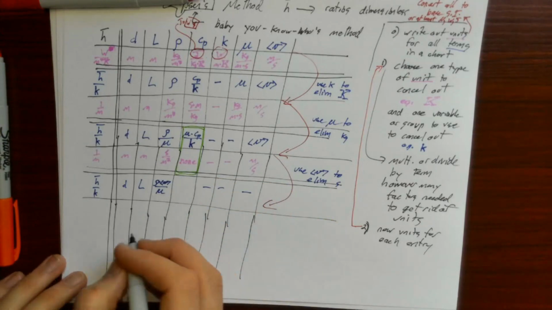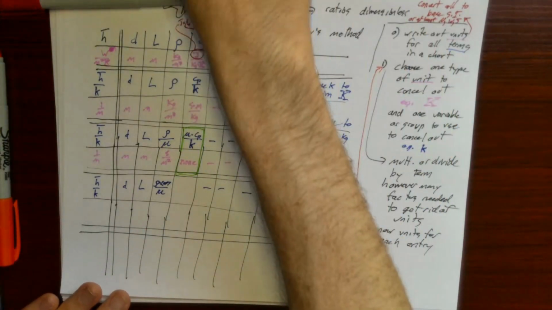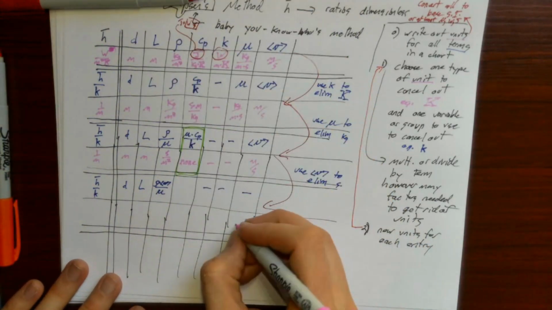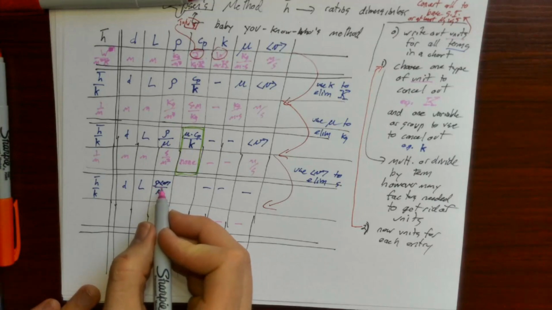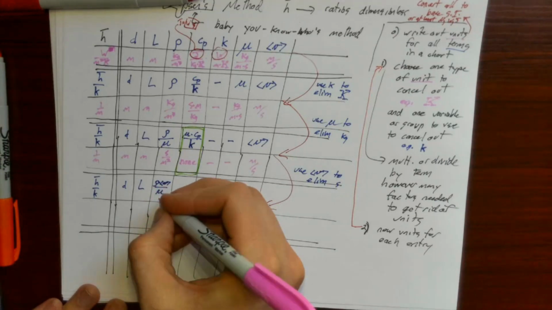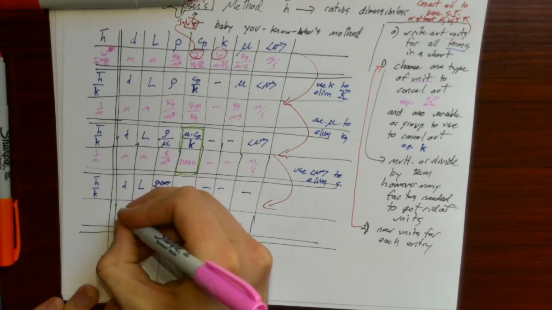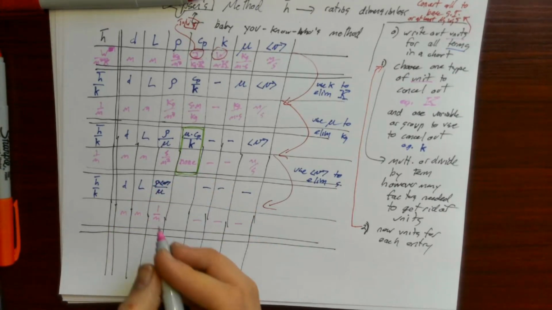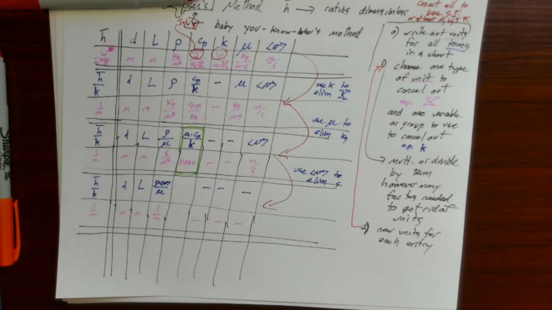So what units do some of these existing terms have? Well, we already found one non-dimensional group here. This quantity here has units of 1 over meter. Both of these have meters. And H bar over K has units of 1 over meters as well.